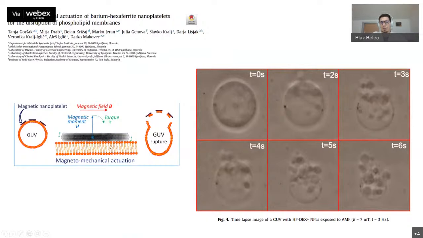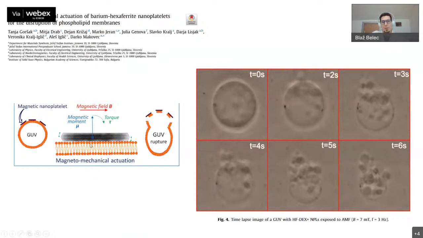They are very interesting because of their shape anisotropy and also magnetic anisotropy. This means that the hard direction of the magnetization is pointing only in one direction. So it's not uniformly placed.